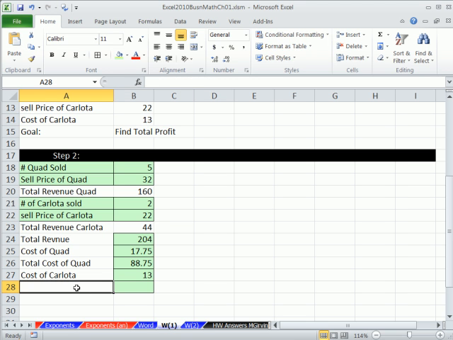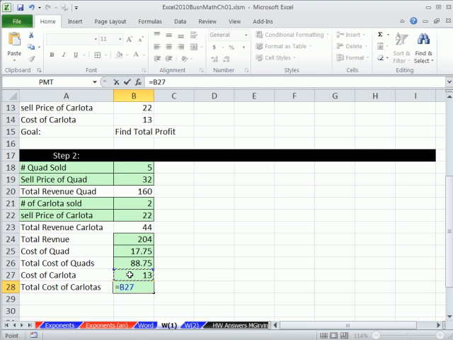Let's do total cost for Carlotas, actually probably should be an S here. All right, so equals, OK, total cost. Well, how much did we pay for the Carlota? 13 times number of Carlota sold, 2.